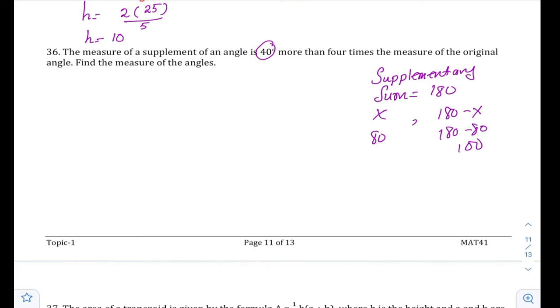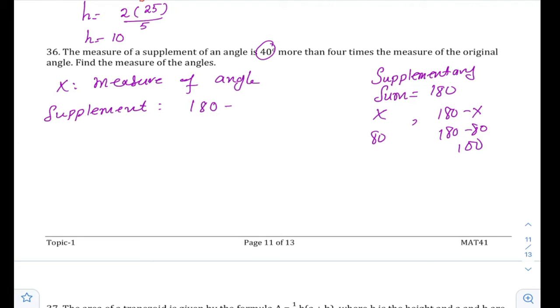So if x is the measure of the original angle, then the supplement will be 180 minus x. This is the supplement, just to see that.